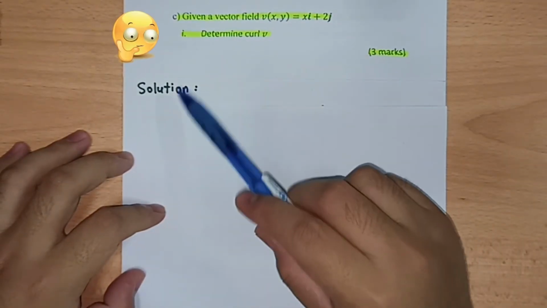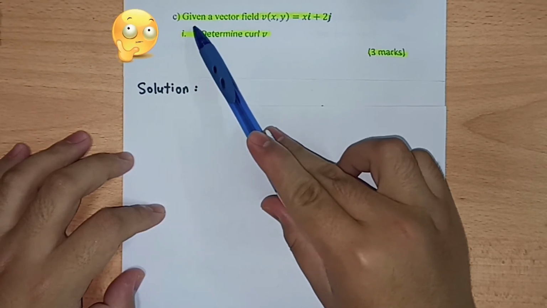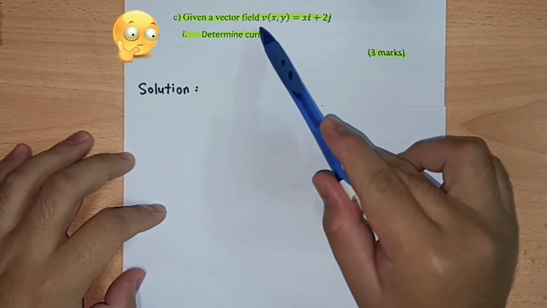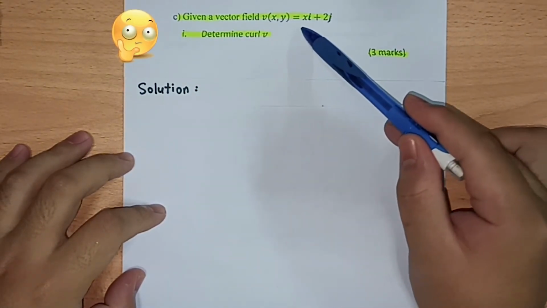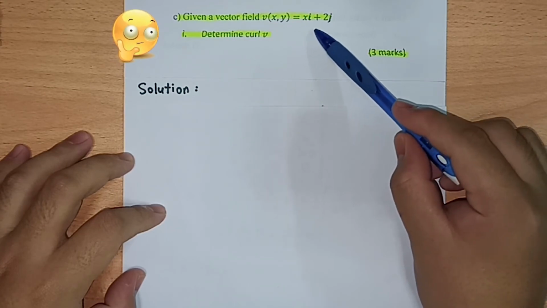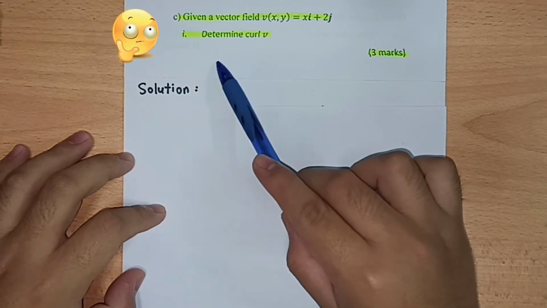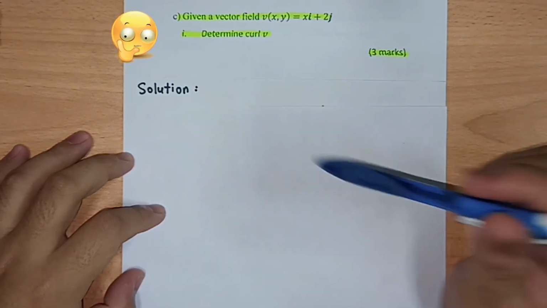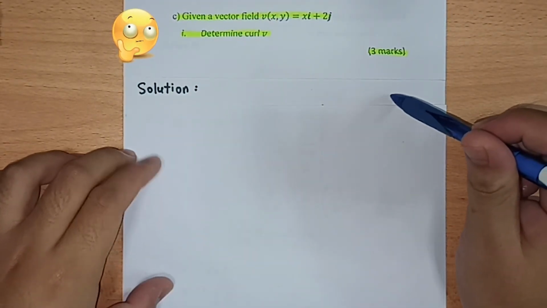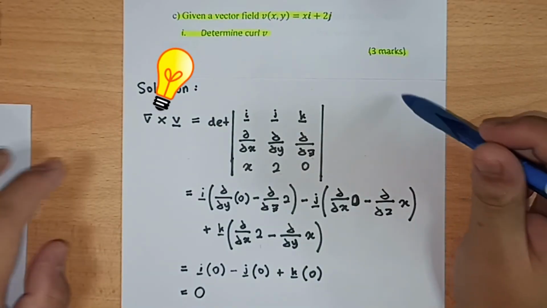Okay, for question C, given a vector field V(x,y) equals x in the i direction plus 2 in the j direction. So the question is to determine curl V. So now we look at the solution.